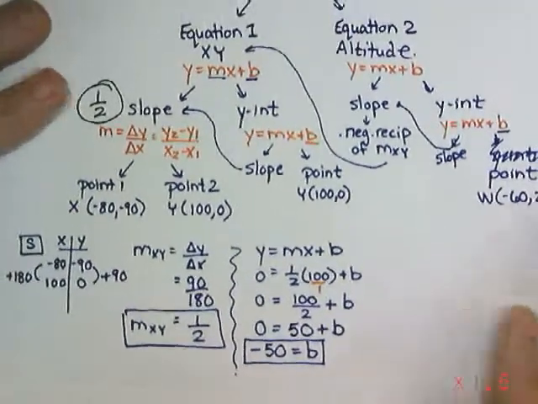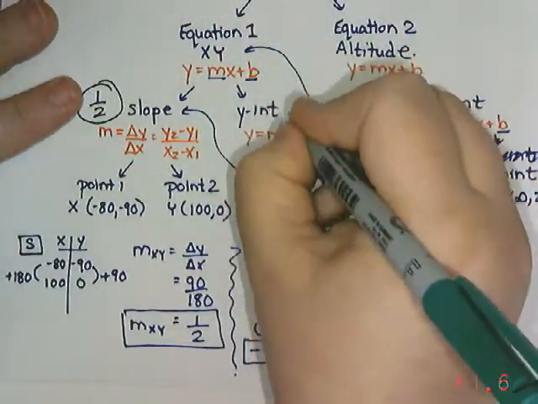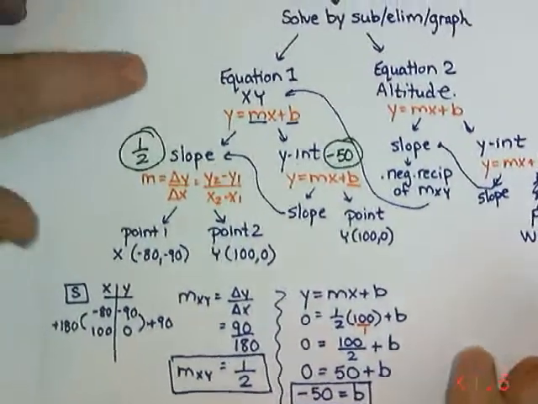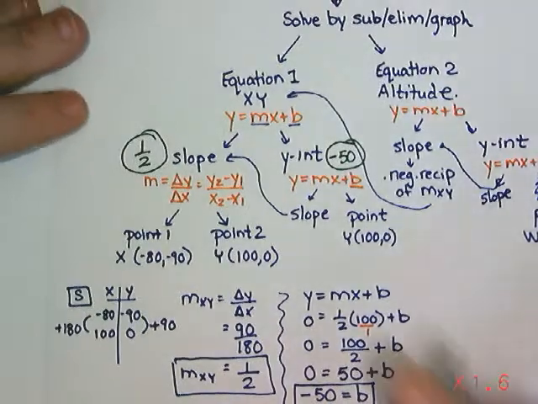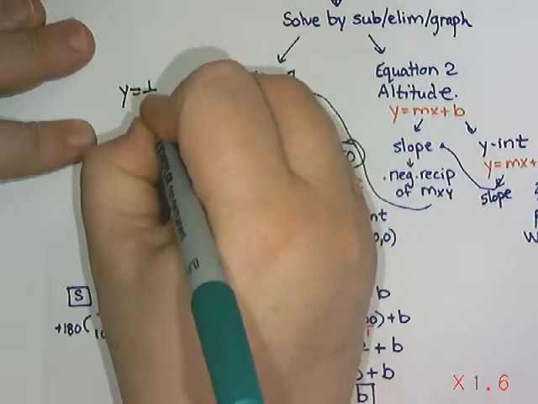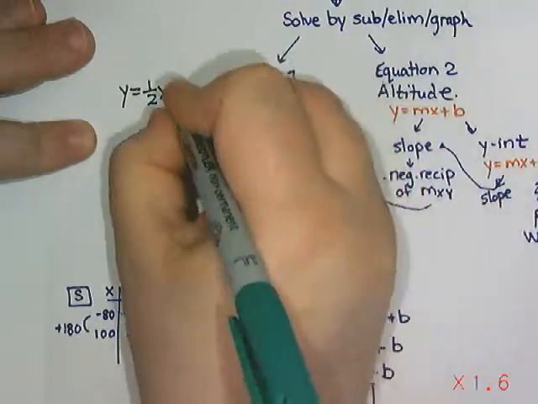So on my plan, I'm going to mark that this is -50, which means I can now write my equation. Equation number 1 is going to be y equals m, so 1/2 x, and then take away 50.